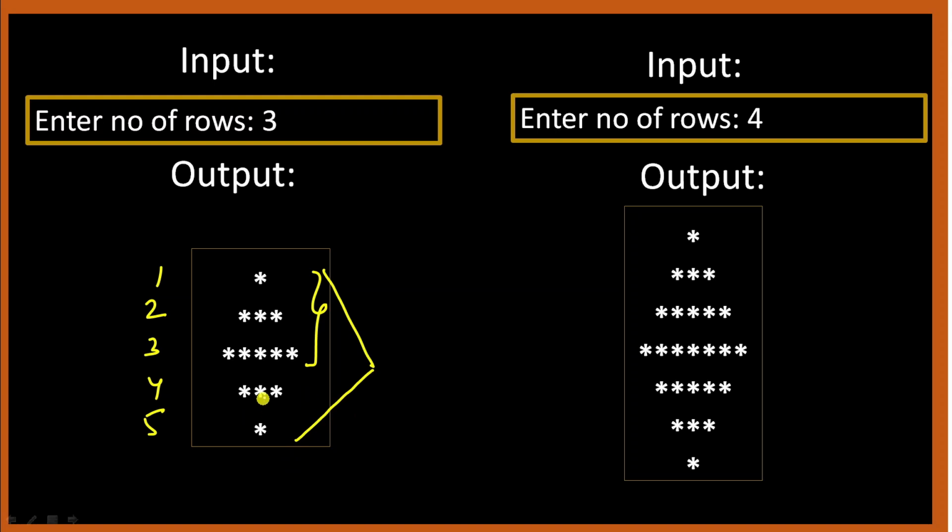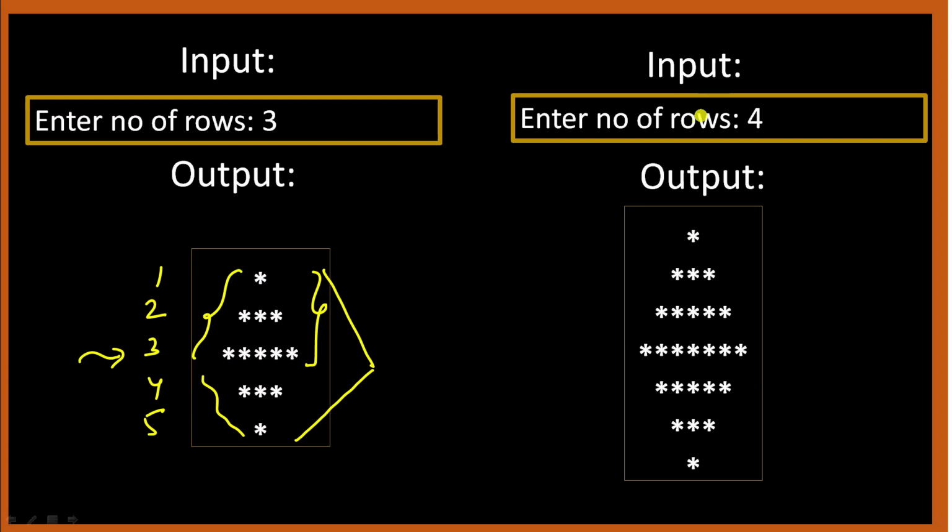So the user has given the number of rows as 3, taking into consideration that it expands till the 3rd row. Now you have to take care: this 3 means it should expand till 3 rows, and after that it should collapse following the pattern.